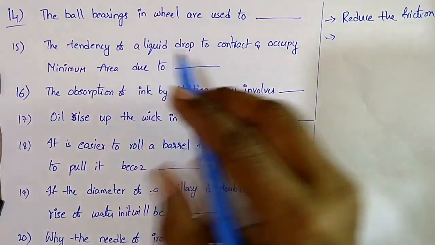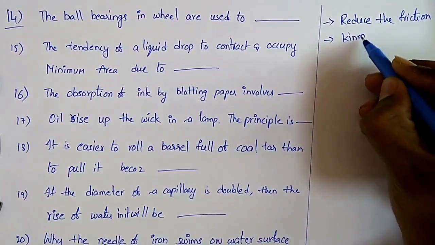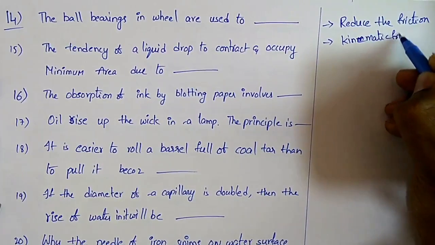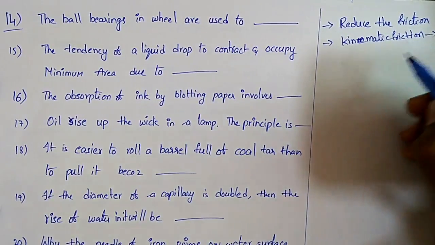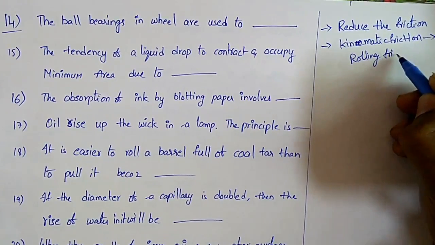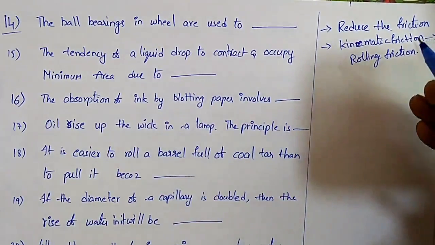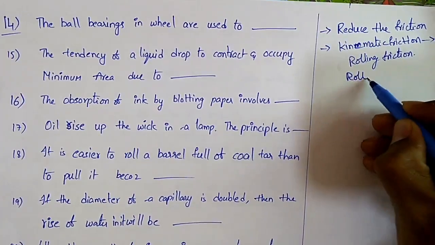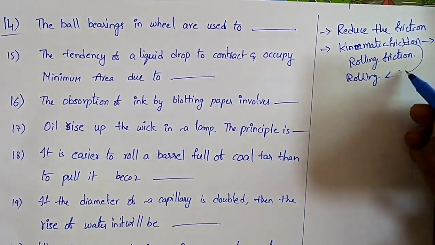Here, when we use the ball bearings, then the kinematic friction or sliding friction or dynamic friction is converted to rolling friction. Due to ball bearings, it rolls, so it is a rolling friction. We know that the rolling friction is always less than sliding friction or kinematic friction.